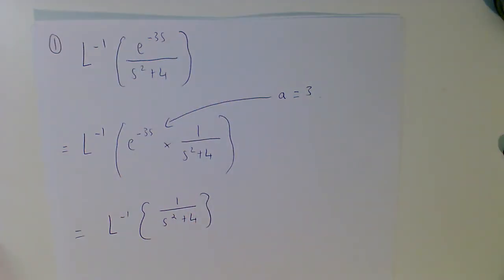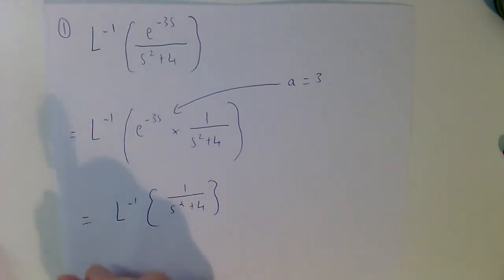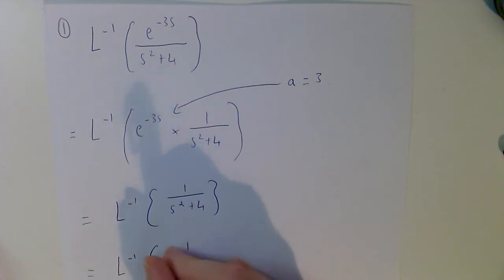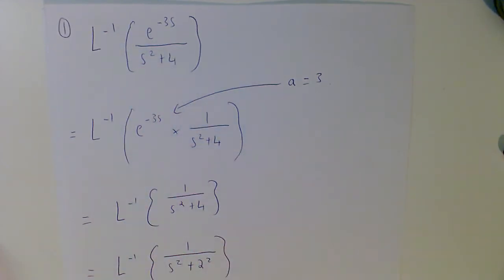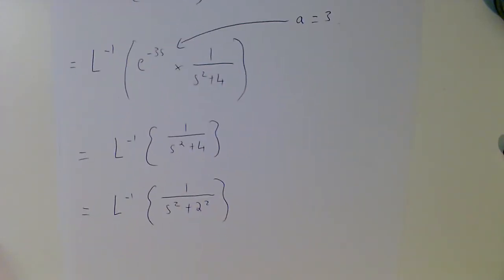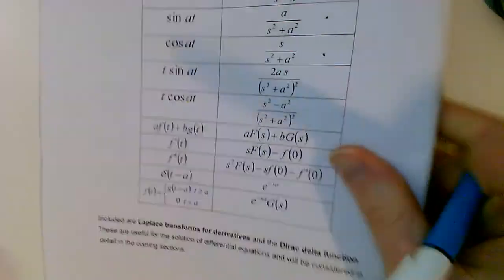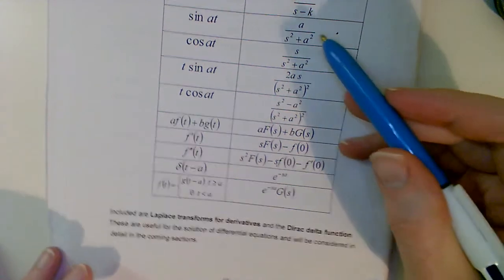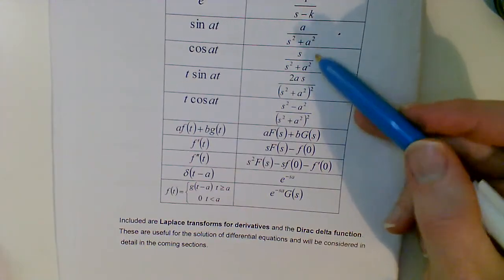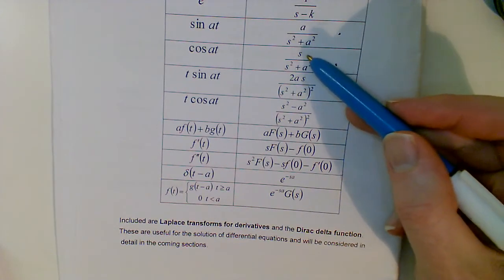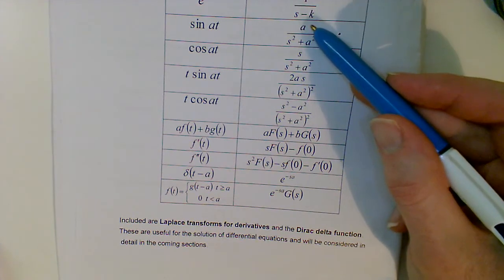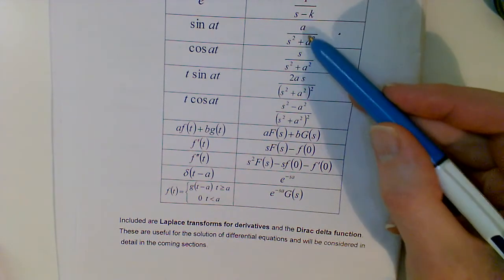Now, s squared plus 4 is just s squared plus 2 squared. If I look at my inverse Laplace transform table, something with s squared plus a number squared is either sin or cos. Now I don't have an s on the top, so that means it's got to be sin. So that means that these two numbers here have to be the same.